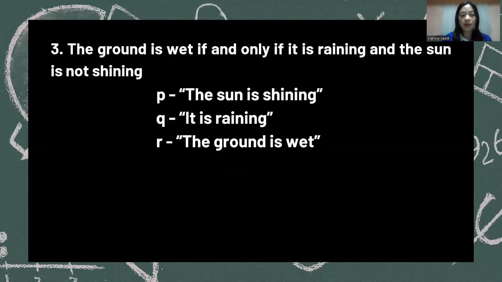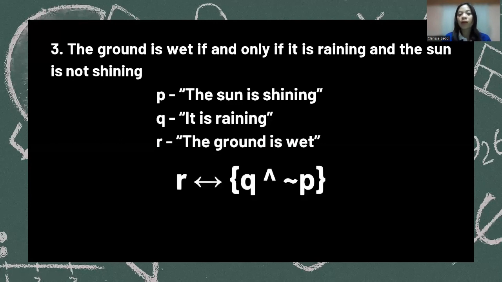Next, we have the ground is wet if and only if it is raining and the sun is shining. So we have the PQR statements. For the converted symbols and letters, we use brackets here because we have more than two letters and symbols and also to avoid confusion in converting the language to letters and symbols.